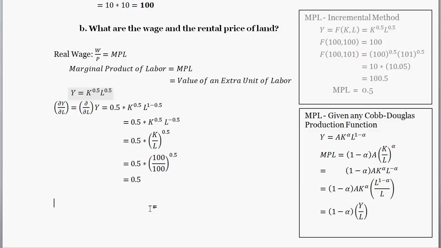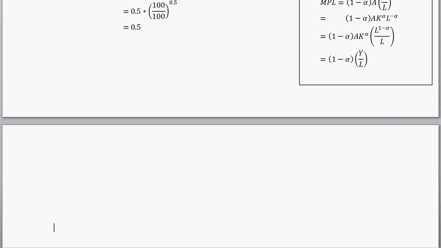Okay, so this is taking way longer than I thought. So I'm going to get through the marginal product of capital, the rental rate of capital, pretty quickly. So the production function was k to the 0.5, L to the 0.5.